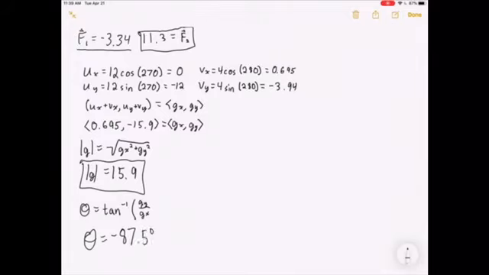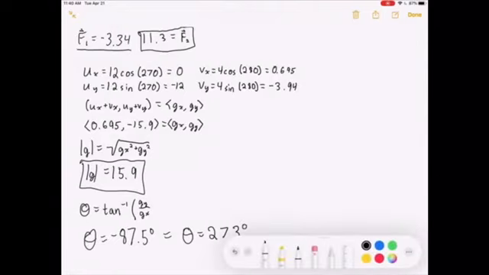Then you subtract that, though, and it rounds to 273. You subtract it from 360 is what I mean, because your direction can't be negative. So there is the final answer.